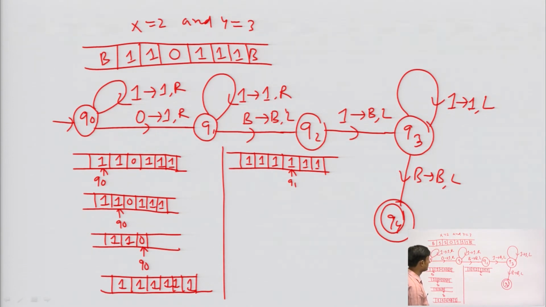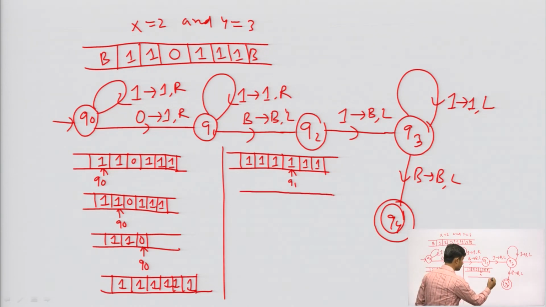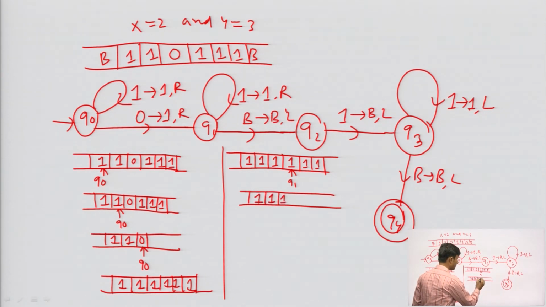Now check: if Q1 reads 1, what do you have to do? For every 1 you move right and keep it as 1. I am writing the direct steps: 1 1 1 and 1 1 1 1.